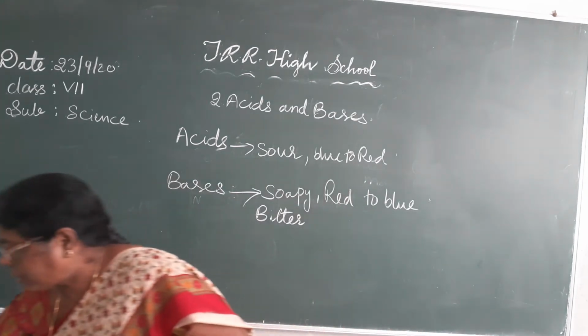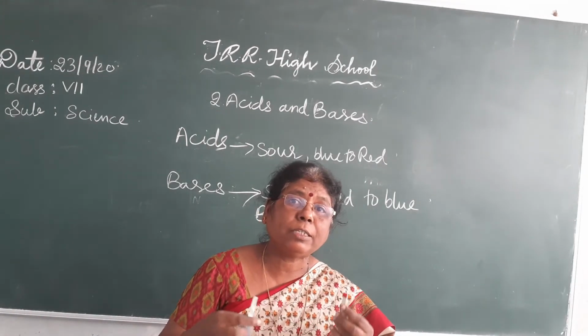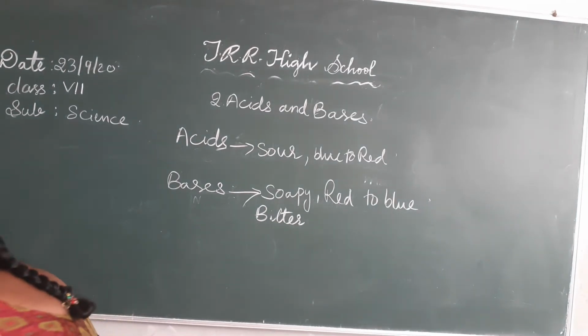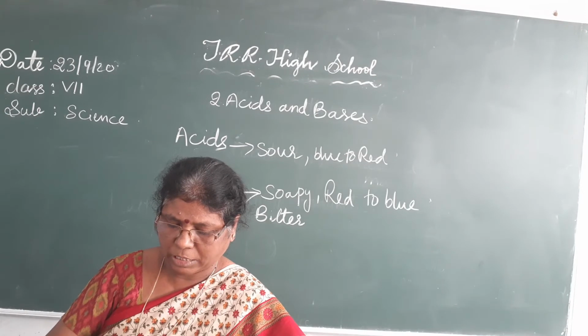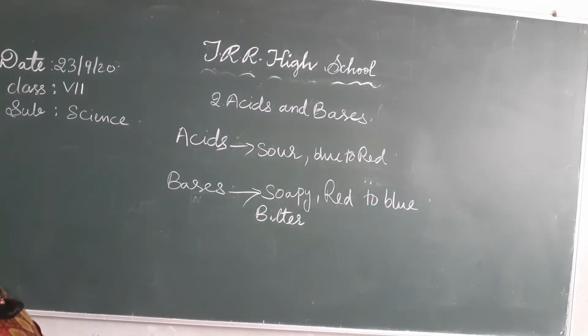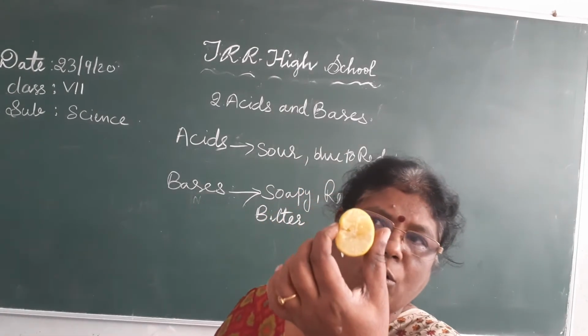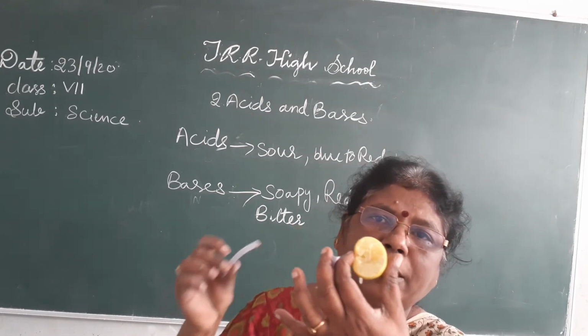Now you have seen this litmus paper. I will show you how to identify acids or bases. Here I am using, see, this is a lemon. Now, we want to know whether this lemon is acidic or basic in nature.